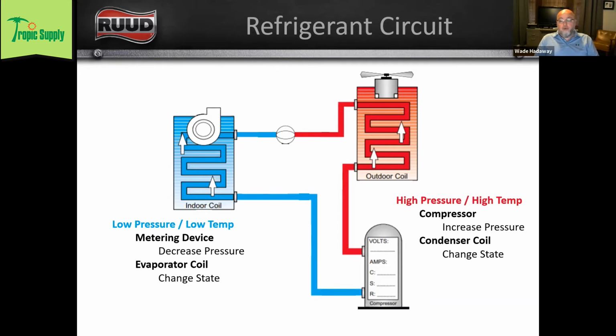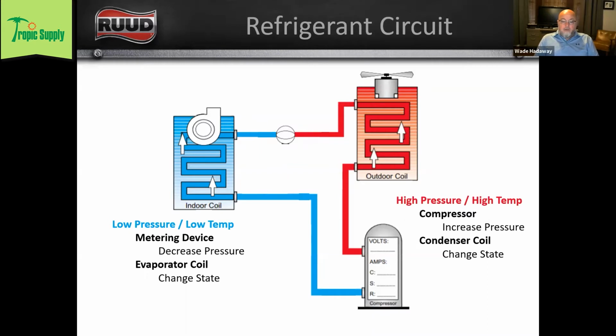We covered heat moves from a higher concentration to a lower concentration. If it's 95 degrees outside and the refrigerant is not well over 95 degrees, we're not going to transfer the heat. So how do we do that? We change the pressure, which changes the temperature.